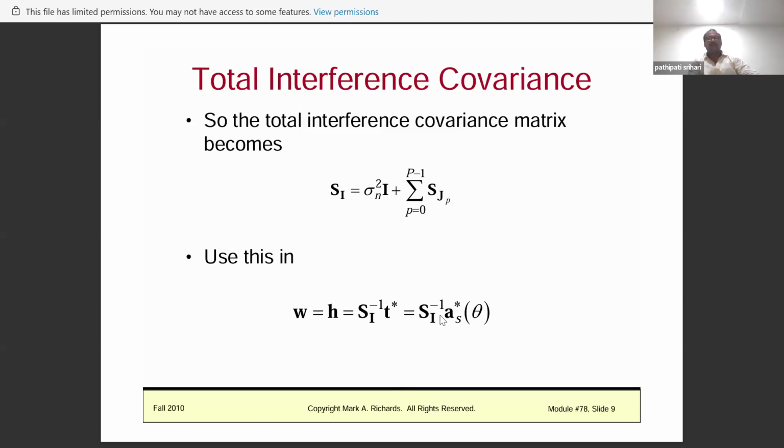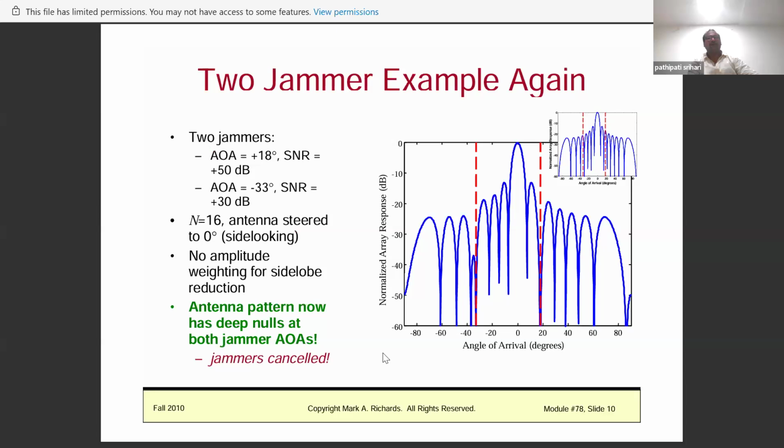Then you nullify them, at plus 18 degrees and minus 33 degrees, because you have estimated them properly and kept nulls in those directions. So the antenna pattern now has deep nulls at both jammers' angle of arrival locations. You estimated their angles of arrival and the jammers are cancelled. This is the beauty of adaptive beamforming.